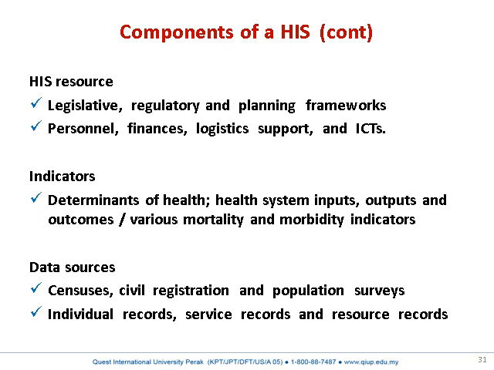Indicators involved in health information system. Health information system resources means there are the planning framework, regulatory framework, legislative framework, personnel, finance, logistic, and ICT. I will tell you, it's very easy to remember.